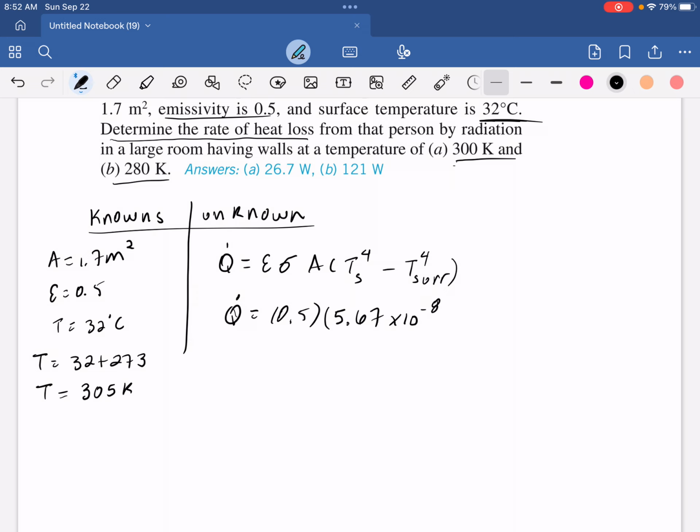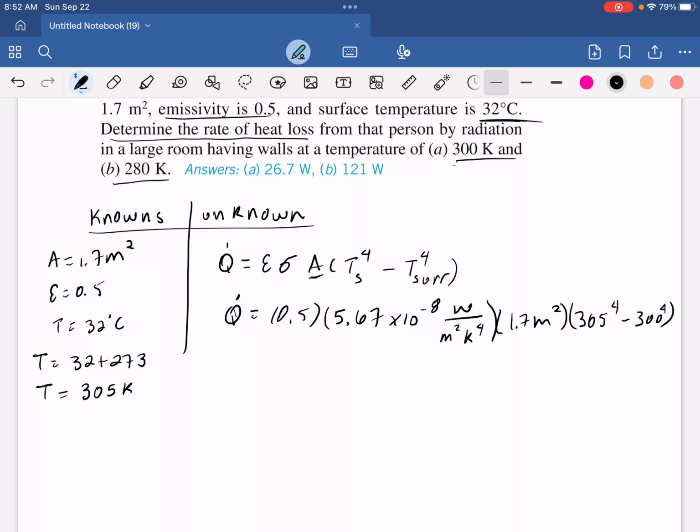Now I need to make sure that I include my units, which is watts per meter square times kelvins raised to the fourth, which means my temperature is going to be raised to the fourth. Times the area, which in this case is 1.7 meters square. And also I need to include 305 raised to the fourth minus 300 raised to the fourth.